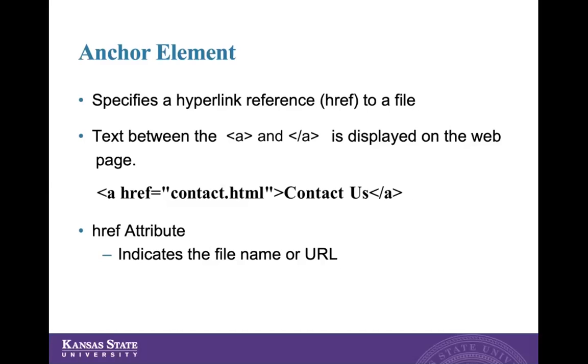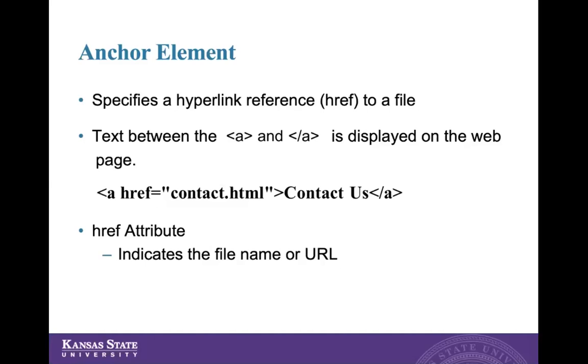All right, so let's take a look here at the code. It's in bold there. Say, for example, we want some text to display on our page that says contact us. We want to turn that into a link so that when they click on it, it's going to take them to the contact web page of the site. To do that, we use our opening bracket, then A, and we always put a space after the A, and we type href, which stands for hyperlink reference.